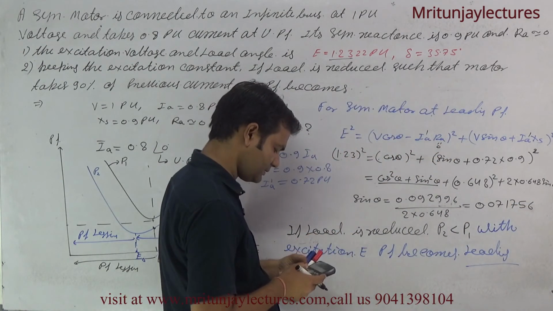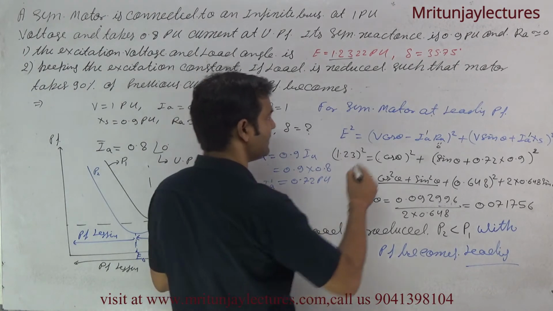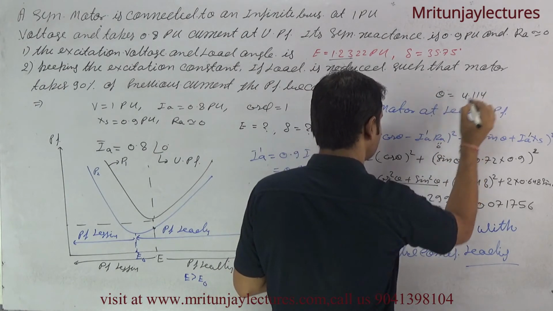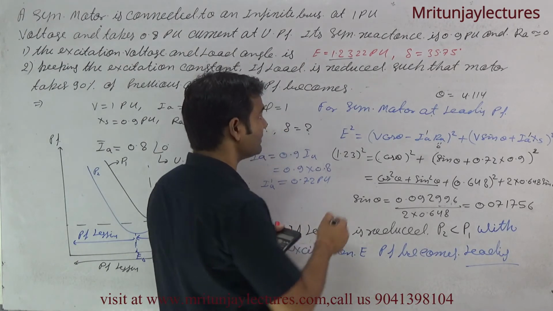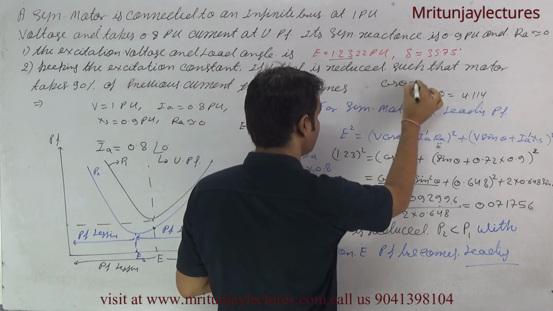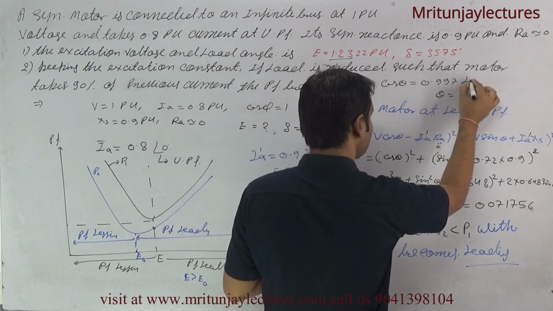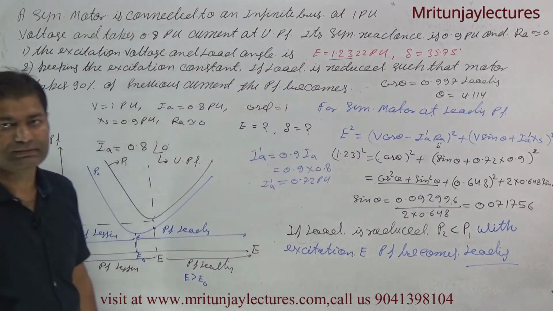Okay, shift. 4 point something. Sine theta is equal to 0.0717556, theta is equal to 4.114. So what about cos of 4 point something, that is cos theta is equal to 0.997 leading. Okay, this is the final answer.